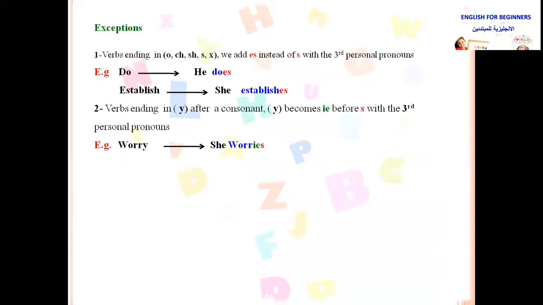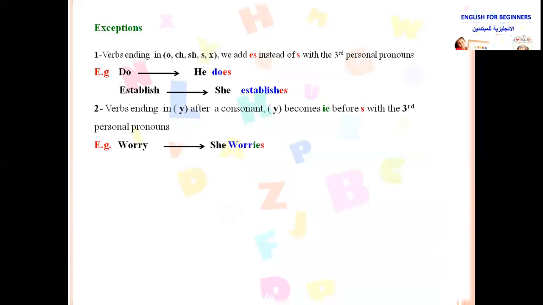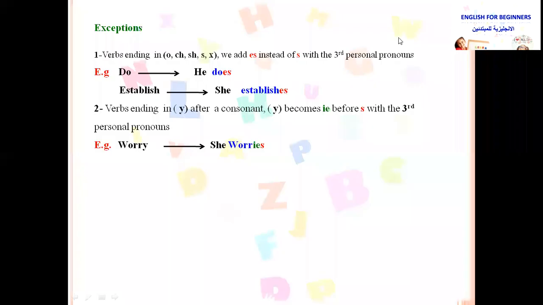Exceptions. I have two exceptions here concerning the verb in the present. The first exception is when the verbs end in o, ch, sh, s, and x. In this situation, we add es instead of s alone with the third person pronoun.